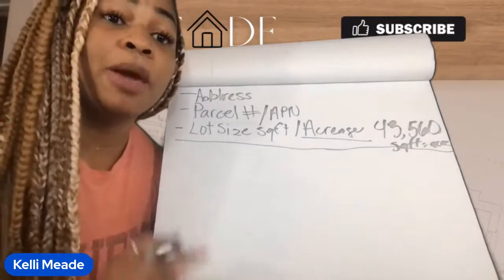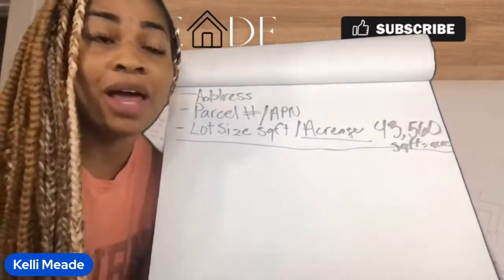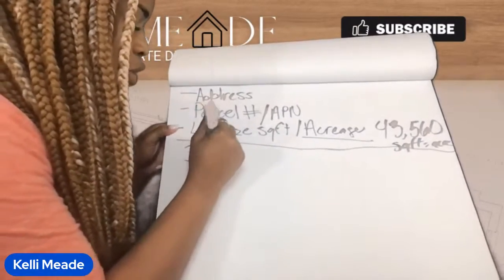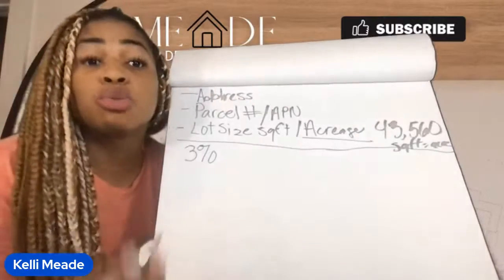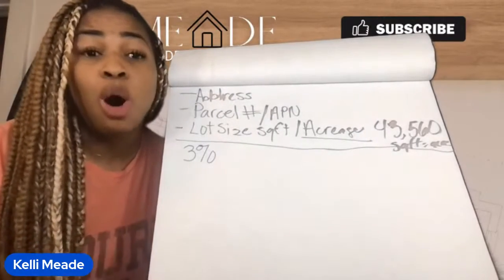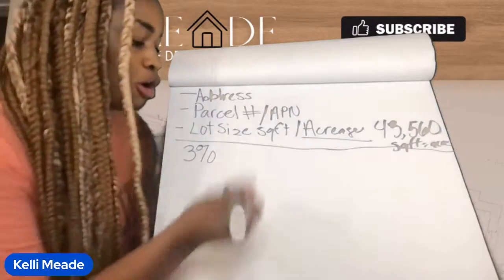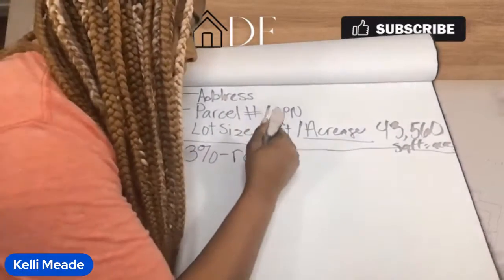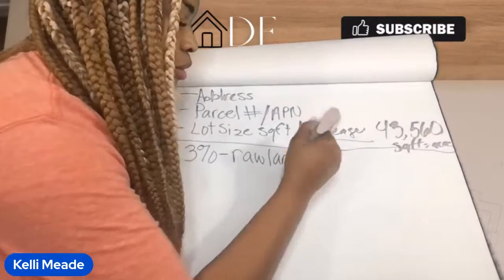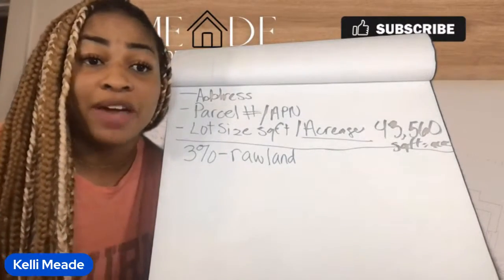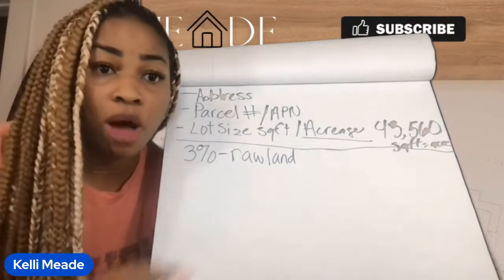So if you're looking at raw land to develop, you want to make sure that your total cost to acquire the property is 3% of the total investment. Okay, let me repeat that. You want to make sure that raw land is 3% of the total investment. That's just for the raw land.